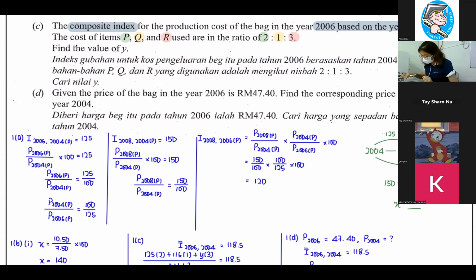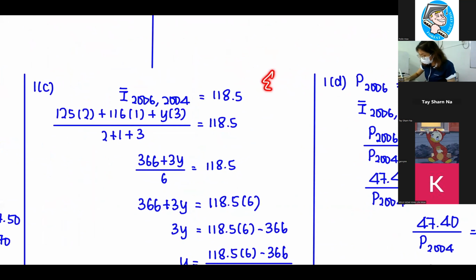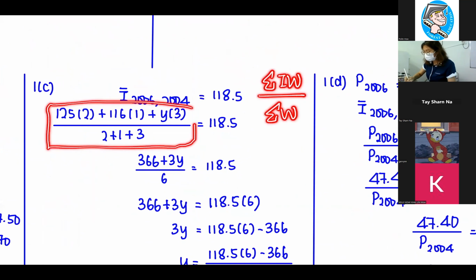Okay, so go back to the formula: composite index is summation of IW over summation of W. In the SPM syllabus, they want to see this line. No table allowed in the SPM marking scheme.